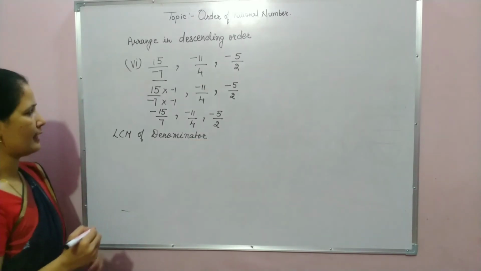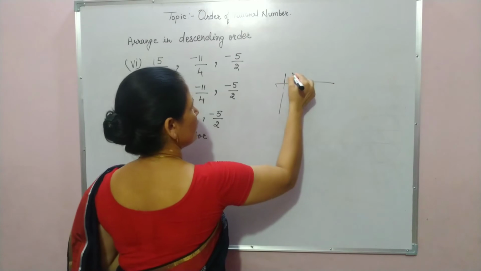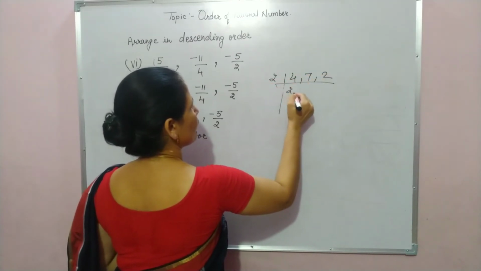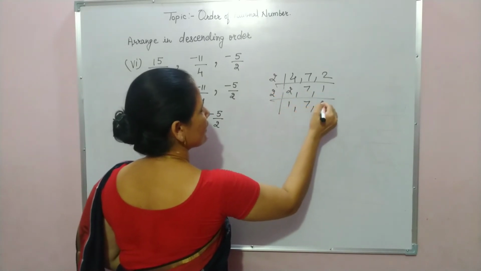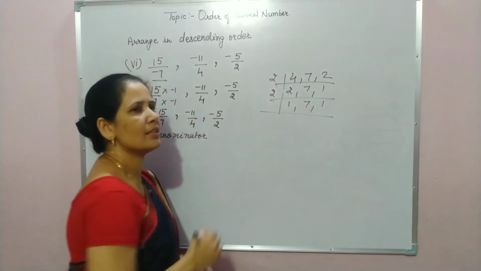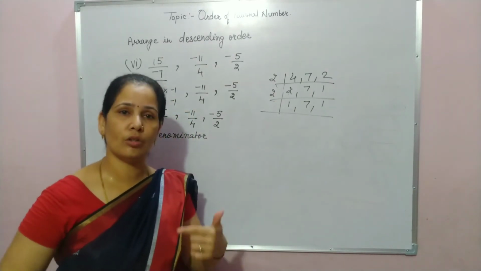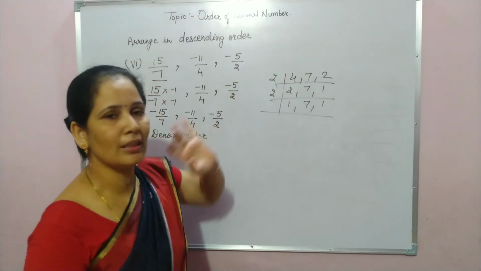That is our second step, LCM of denominators. Let's take the LCM of the denominators 4, 7, 2. 2 twos are 4, 7, 1. Then 2 ones are 2, 7 as it is. Why are we writing 7 as it is? Because whenever we take the LCM and a number is not a multiple of the divisor, we write it as it is down below.